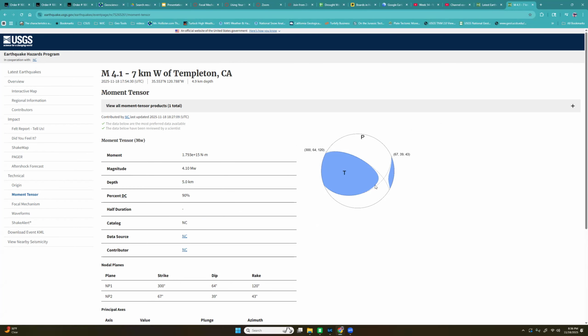So what we can see, and hopefully you know now, is if you compare this, you'll see that the blue's in the middle. So if it's blue in the middle, the first thought is, oh, that's kind of a reverse fault. But let me get my pointer so you can see what I'm talking about here. So here's the blue part in the middle.